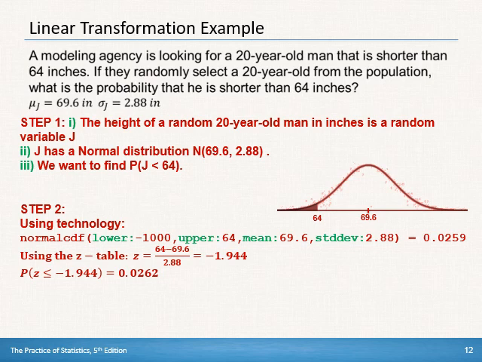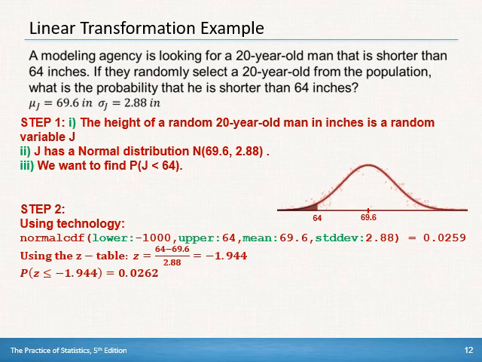So if we randomly pick one of these men from the population, we have about a 3%, or 2.6%, chance that they would be shorter than 64 inches. So not very likely, right? Pretty small probability.